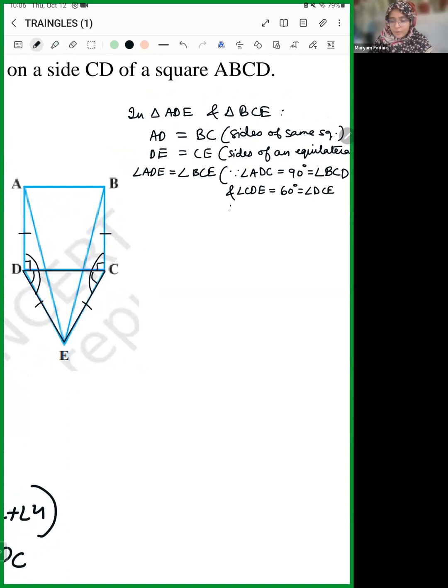Therefore, angle ADC plus angle CDE equals angle BCD plus angle DCE.